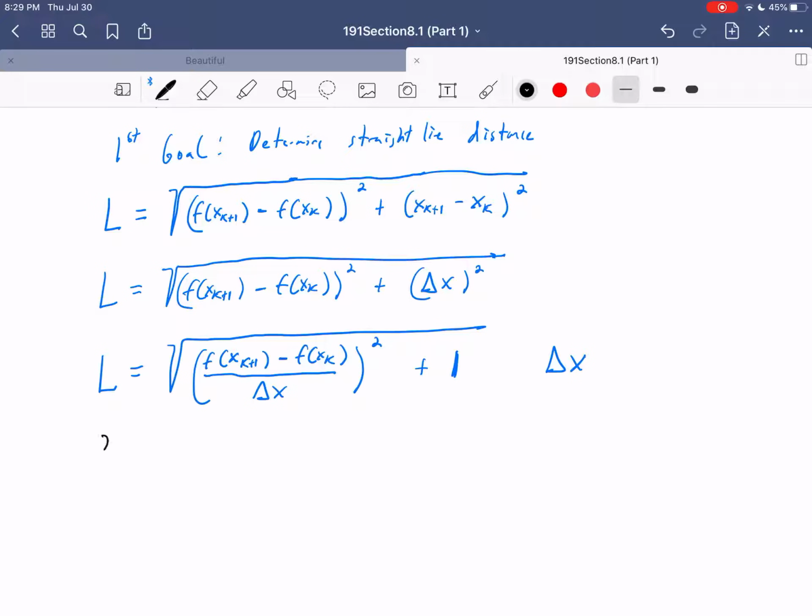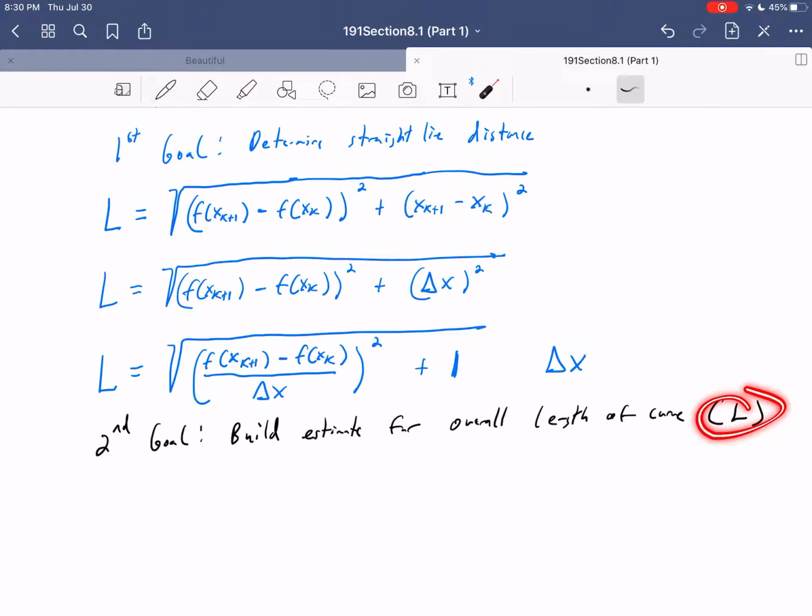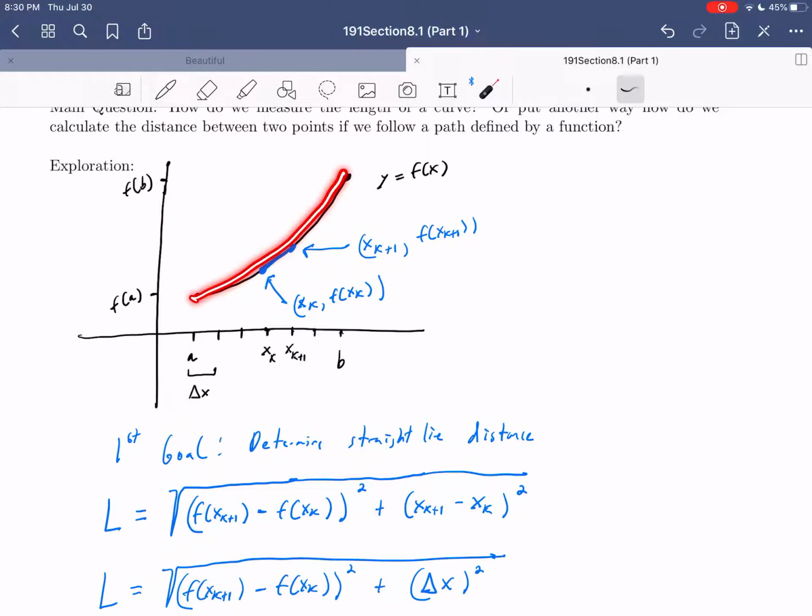So our second goal is to build an estimate for the overall length of the curve, which we will call L in black, because of course our curve was originally the black curve there.